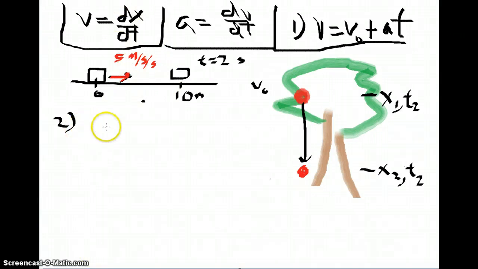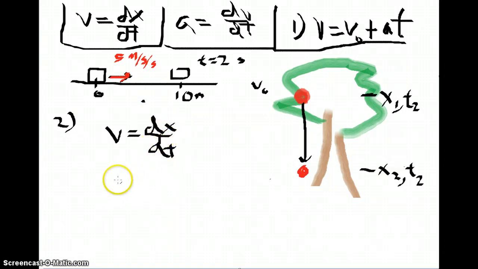So we'll start with v equals dx dt. And recall that we just made an equation to solve for v. So v naught plus at equals dx dt.